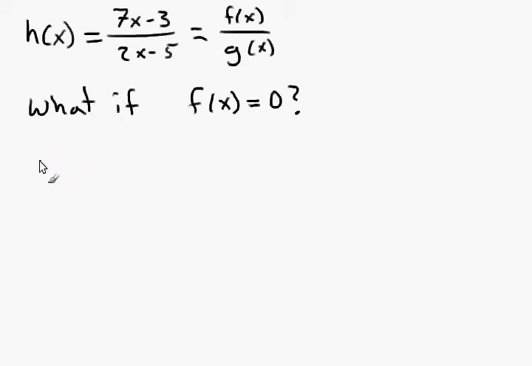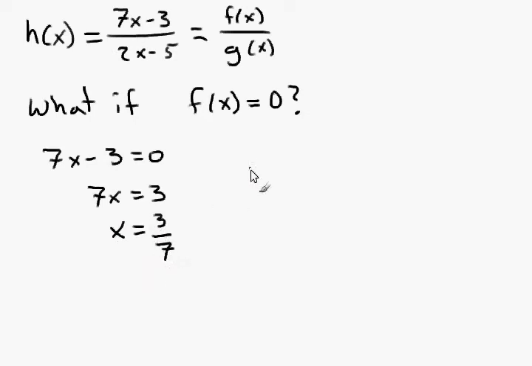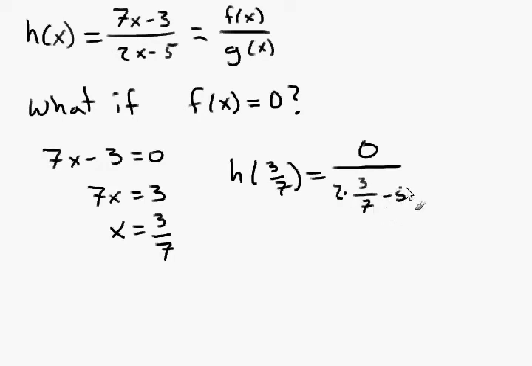Well, that would mean that 7x minus 3 is equal to 0, 7x is equal to 3, x will be equal to 3/7. So h of 3/7 is, well, 0 in the numerator, 2 times 3/7 minus 5. And this is something that's not 0.